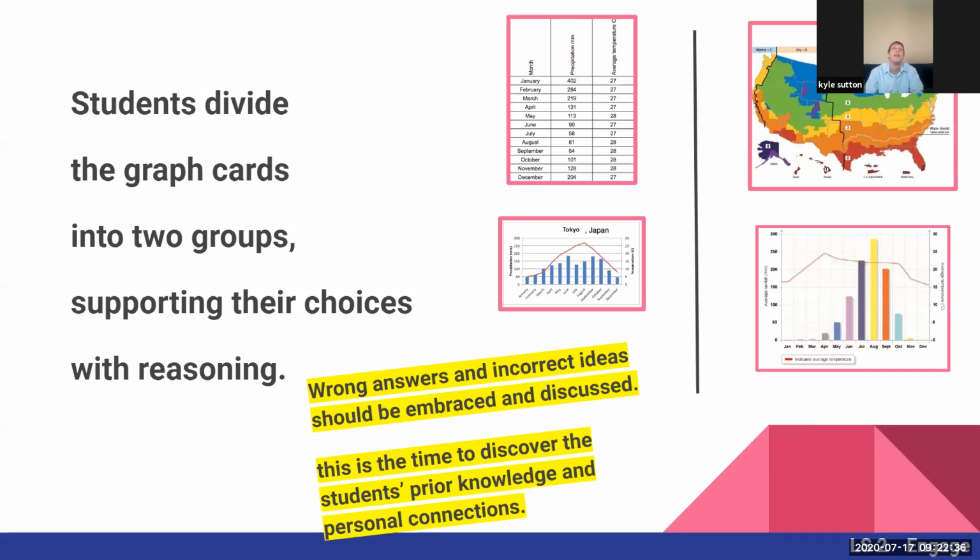There we go. The students are going to divide up into the groups, and they're going to discuss their matches. And this is one of those times that's important to kind of point out that this is the inquiry. This is the time where you get to see what kind of intrinsic knowledge your kids already have, maybe any personal connections and common misconceptions.